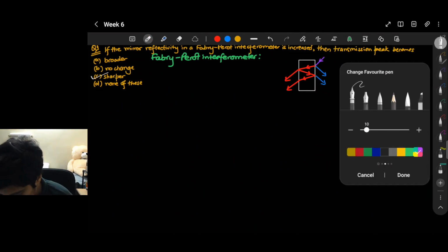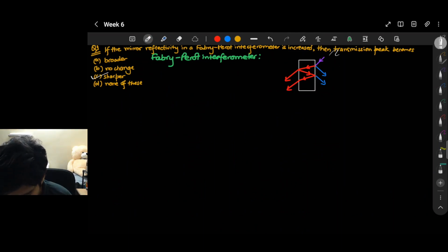So what we have is this incoming E naught beam. The reflection would be E naught times R, where R is the reflection coefficient. Then it would get transmitted, so that would be E naught T. And then over here, this would be E naught T T prime, because this is transmission at the second surface. Okay, so let me write it down.